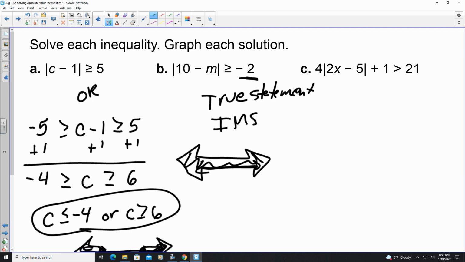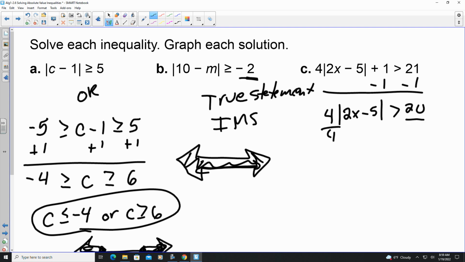Looking at C, C is where we have some more stuff that we have to take care of on the left-hand side because that absolute value is not isolated. So I'm going to subtract 1 first. So now I have 4 times the absolute value of 2x minus 5 is now greater than 20.